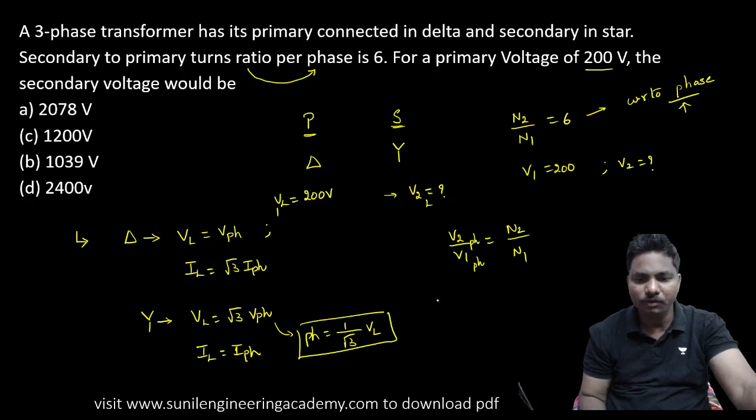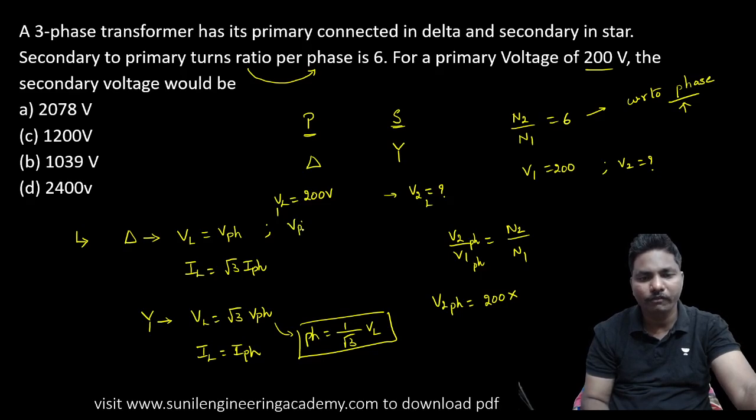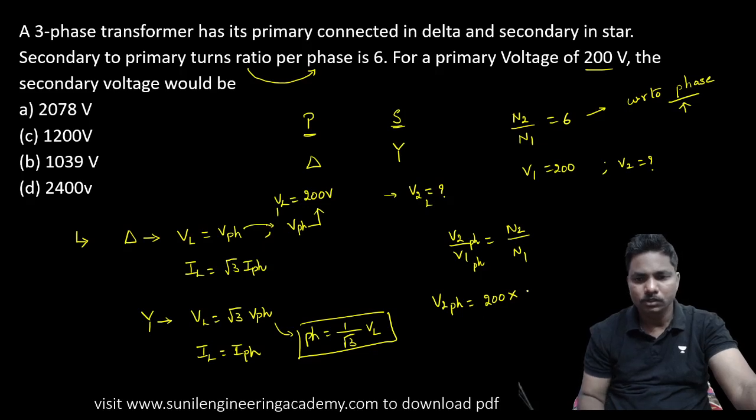From this we can find V2 phase. V1 phase or V1 line are both the same in the delta. So 200, N2 by N1 is given as 6, so 1200 is the phase voltage of the secondary.